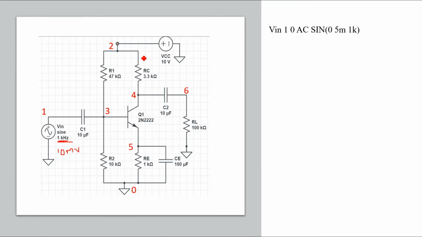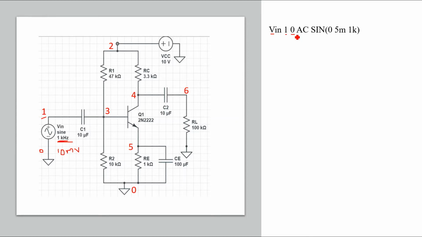So if you see the code, capital V is indicating it is a voltage. Then this notation can be taken as anything as per your understanding. I have taken IN for input. The input is between node 1 and 0.